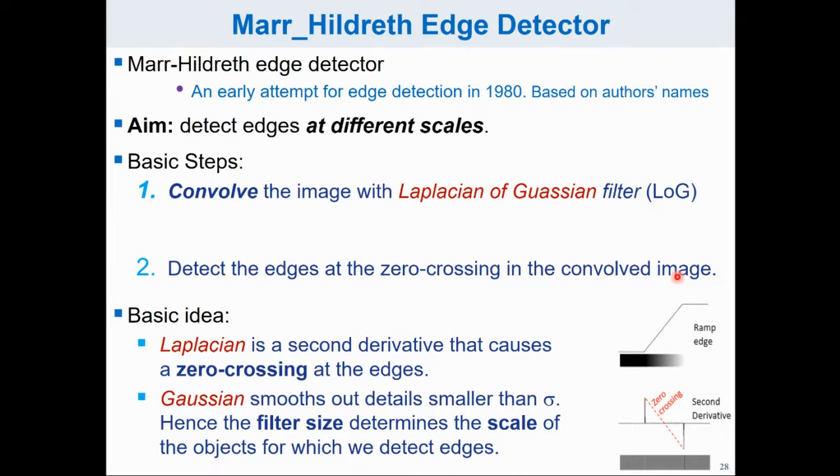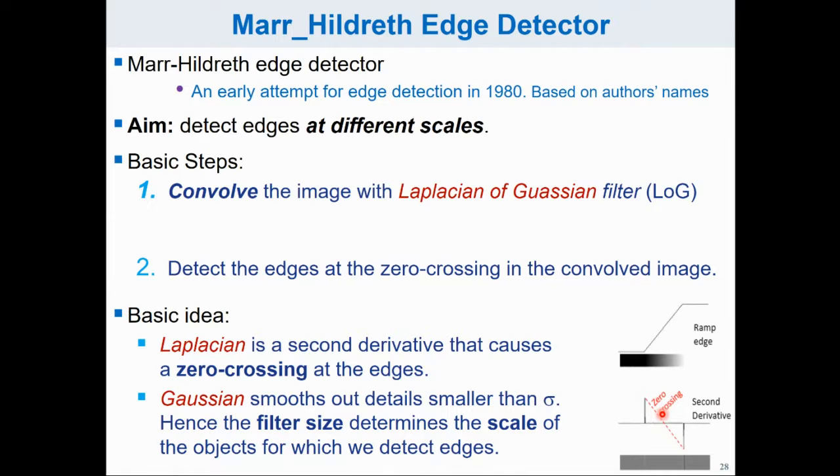If you recall, when we were talking about Laplacian of Gaussian as a second order derivative, we said it will provide you a double edge, right? So one here and one here. In the Marr-Hildreth, it detects the zero crossing to get just that one pixel in the middle.